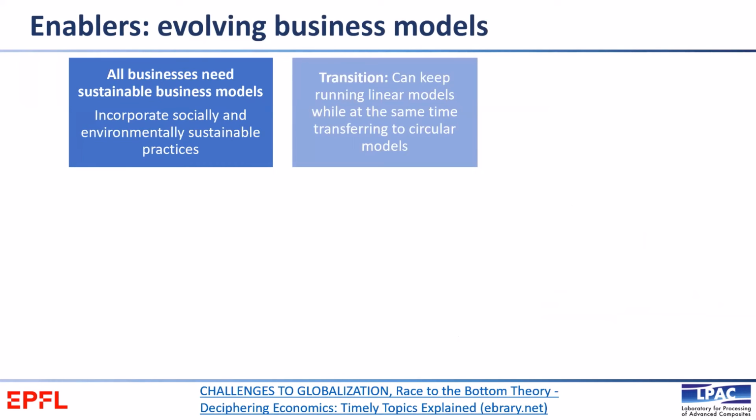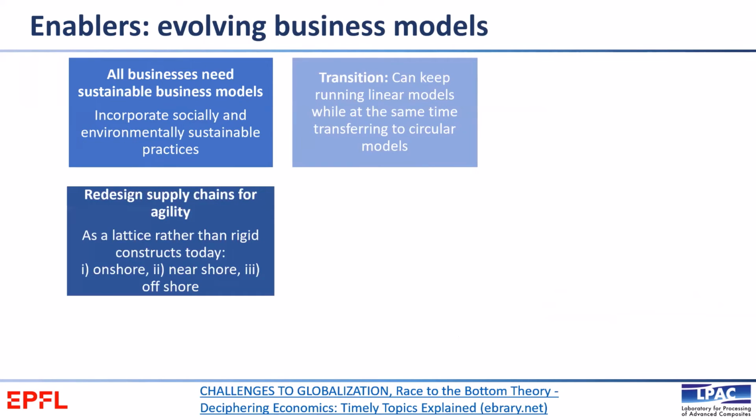You can transition from your current business model, making a car, to a new business model of making a vehicle. Okay, you can have 2 going at the same time because you can't change your company overnight because it will probably go bankrupt. You have to transition. Okay, people need to redesign their supply chains. Don't take it all offshore in China, for example, because when COVID hits, your supply chain goes crazy and your factories are idle.